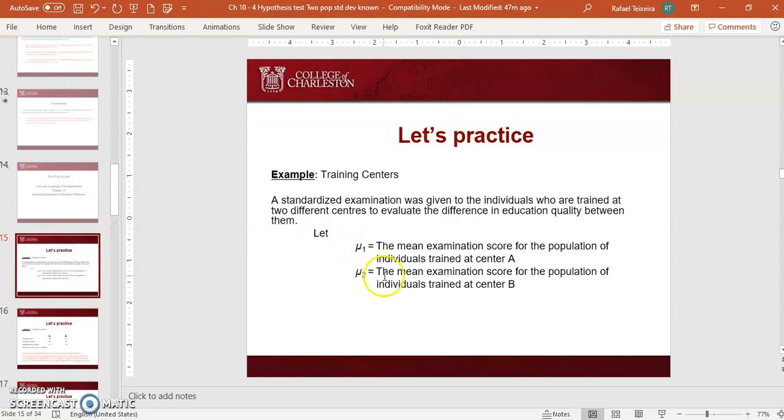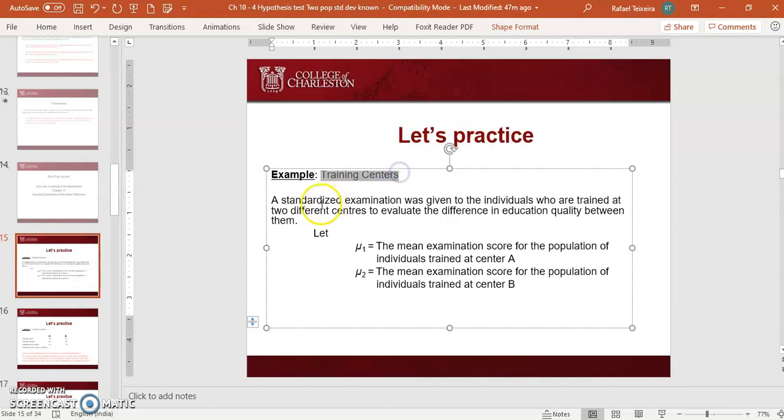Let's take a look at one example. We have training centers. A standardized examination was given to individuals who are trained at the two different centers to evaluate the difference in education quality between these two training centers. So we have mu1, which is the mean examination score for the population of all students trained at Center A, and mu2, the mean score for the population of all individuals trained at Center B. Let's assume we don't know what these means are.